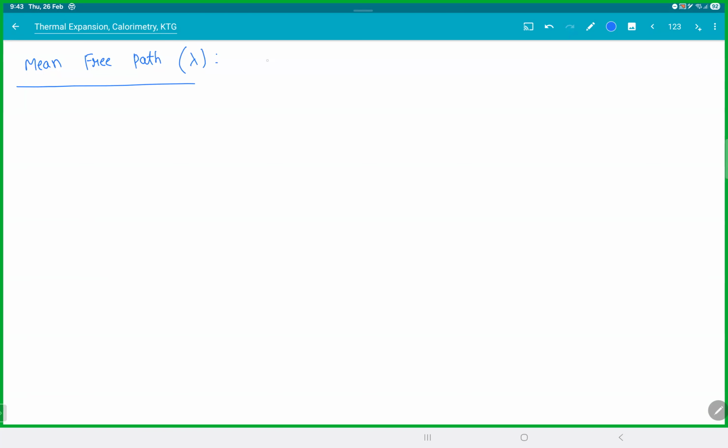So what is mean free path? Again, we don't have the derivation here. Mean free path is your average distance traveled by molecules between two consecutive collisions.